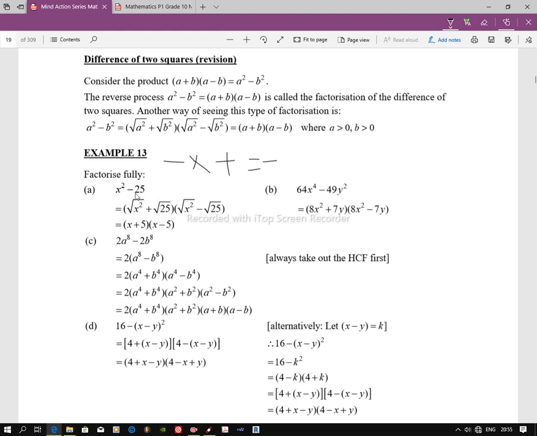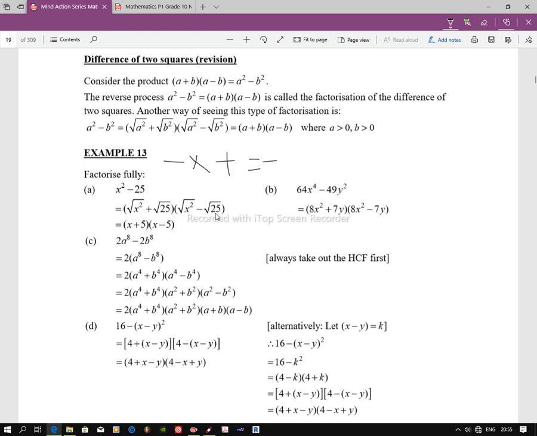So in this case, we are targeting to get a negative answer when we multiply. So that's why we had the square root of x squared plus the root of 25, as well as the square root of x squared minus the root of 25, you understand. So if you multiply these two things, they will give you 25.